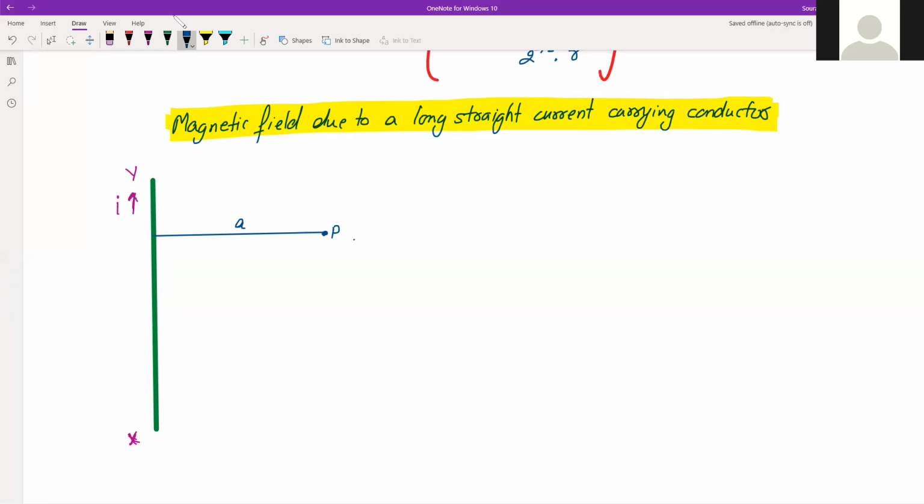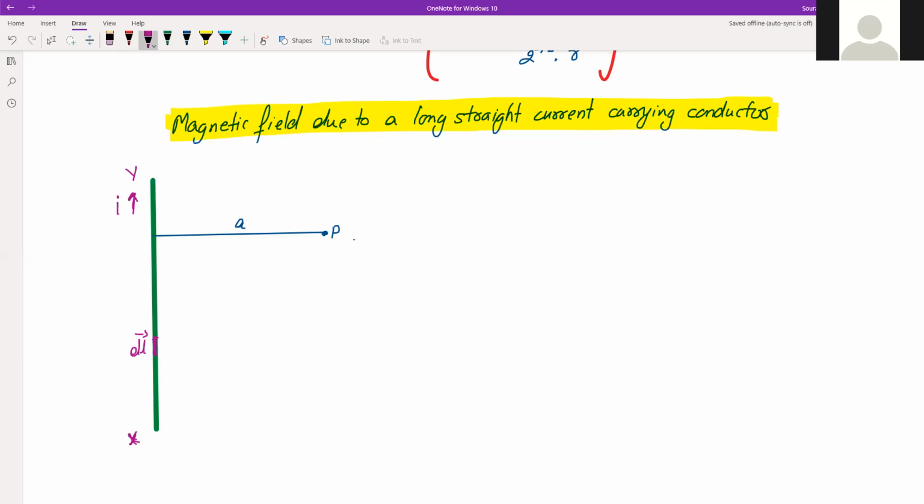Now, in order to find that, we consider a very small segment of current. Let this be the small segment of current, or a current element, that is I dl. So current I is flowing in this, and let this dl be the length of this.